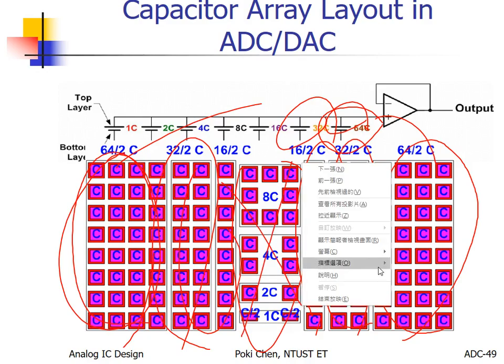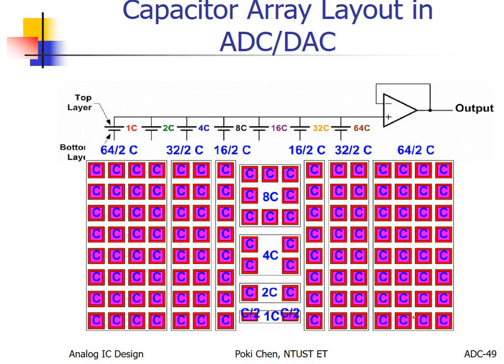The most serious mistake is here. Professor Hong's students would like to split 1C into 2. It violates the most important layout rule. You can only apply unit cell layout for all. But the unit cell is 1C.